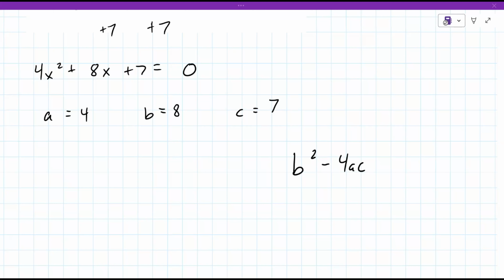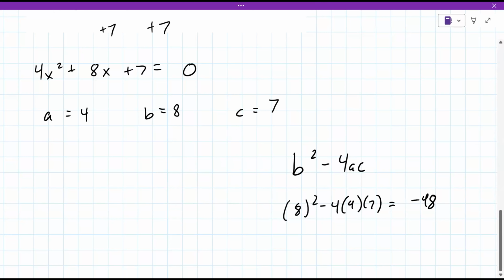So we got 64 minus 4 times 4 times 7, 112. And then that should be minus 64. So the square root of -48.